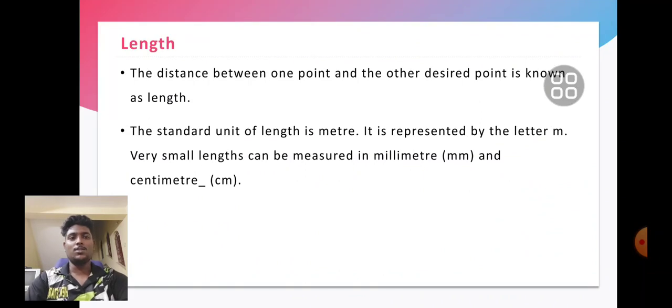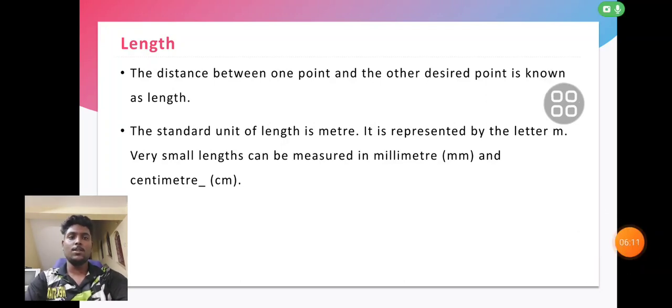First one, the distance between one point and another desired point is known as length. The distance of an object from one point to another point is measured by means of length. Then the standard unit of length is meter. It is represented by the letter m. Very small lengths can be measured in millimeter and centimeter.